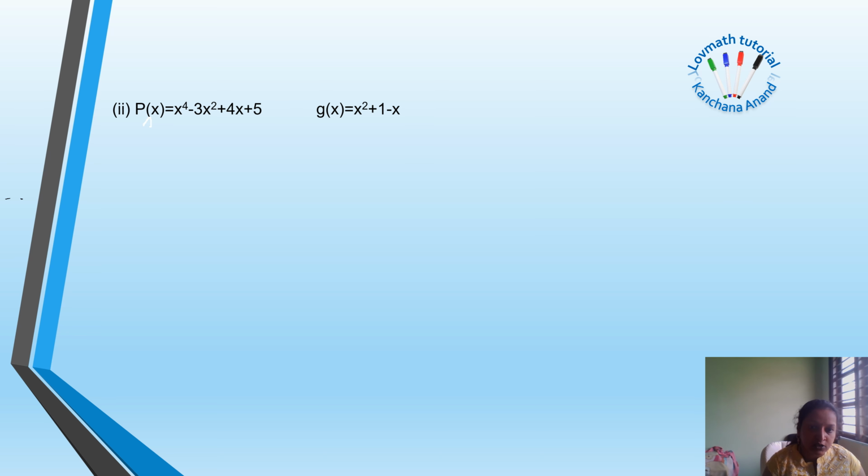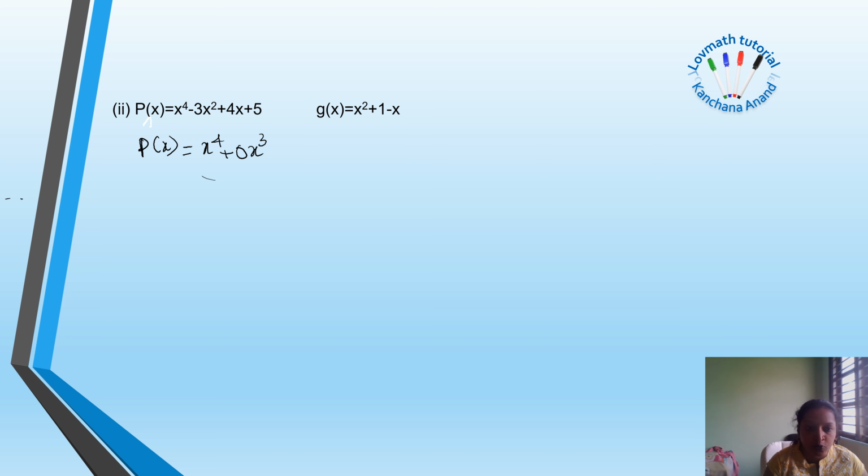To solve this sum easily, let us slightly rearrange the terms of p of x and g of x. Here in p of x, after x to the power of 4, we don't have the x cube term. So we can write it as x to the power of 4 plus 0 into x cube. 0 into x cube becomes 0 itself, we are just adding this 0x cube.